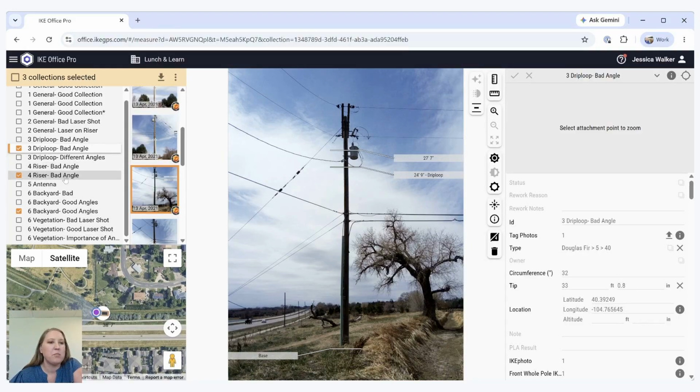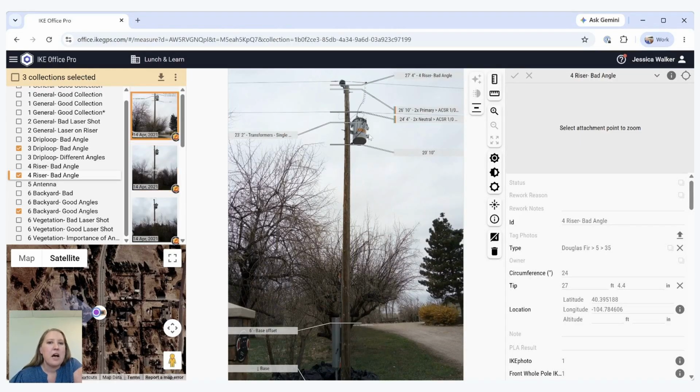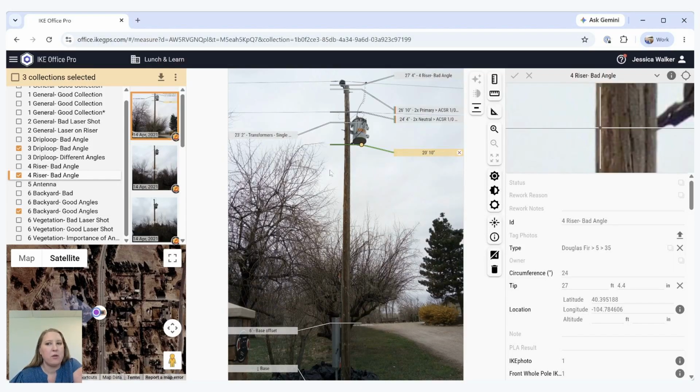Another thing that is really important with the angles the field gives you is risers and other equipment. So if the field had taken all of their photos from this angle, we would not be able to get a clear picture of everything that's attached to this pole. In the case of this one, we actually have the correct low power height.